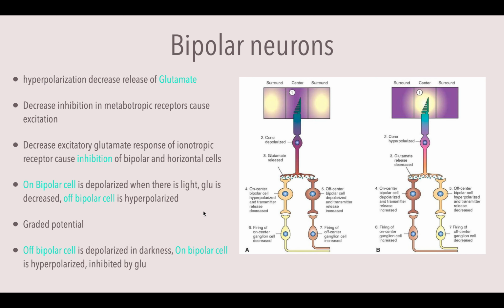So the ON bipolar cells are going to be hyperpolarized, and the OFF bipolar cell is going to be depolarized. Well, in this case, the ON bipolar cell is going to be depolarized, and then the OFF bipolar cells are going to be hyperpolarized.